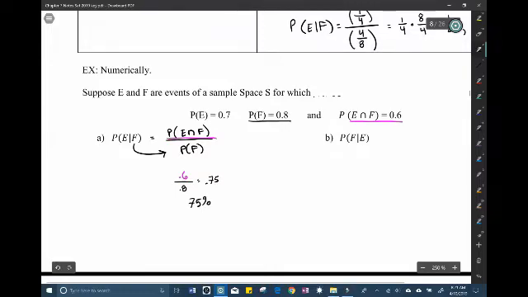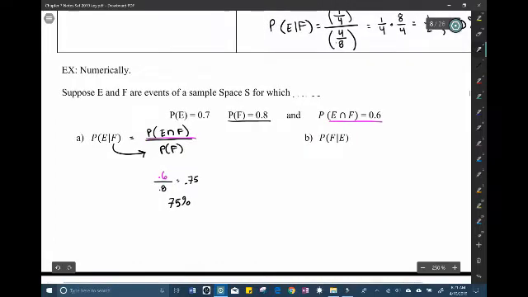Okay, next one. We'll notice these are going to give us different answers, even though they look similar. For this one, it is again the probability of E. You could think of it as F and E, which is the same thing as E given F. So these are interchangeable there. And you're going to divide that by, this time though, E in the denominator.